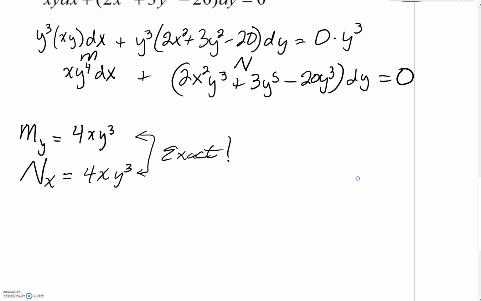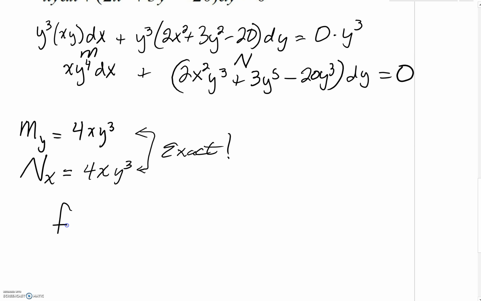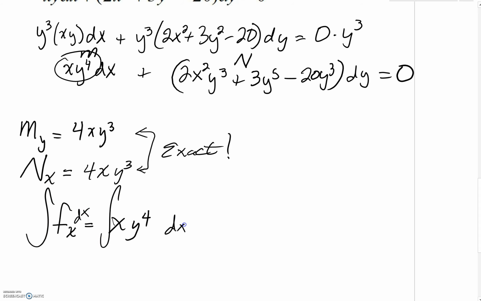And what that really means is the derivative of our function f with respect to x is right here, x y to the fourth. So I'm going to take an integral on both sides with respect to x, and we'll have f. And this is going to be x squared y to the fourth all over 2.